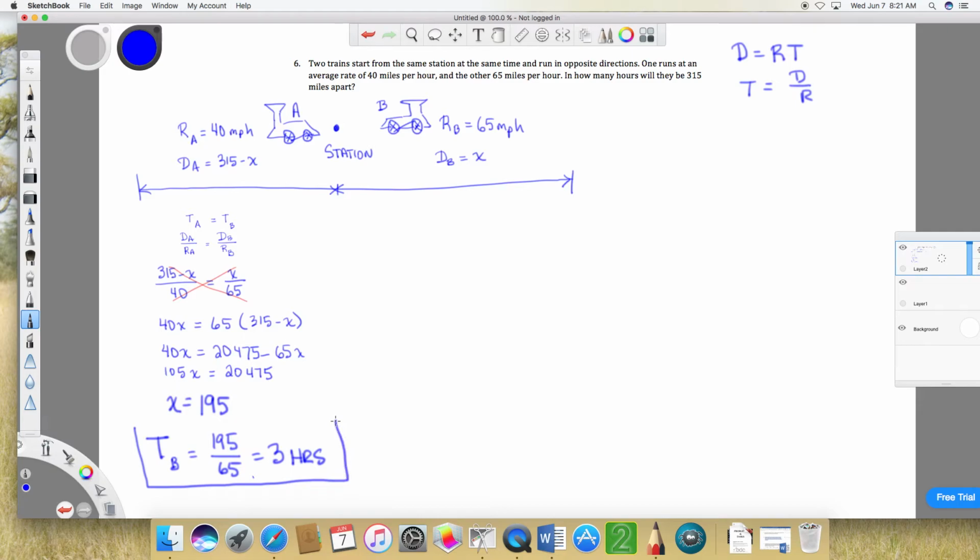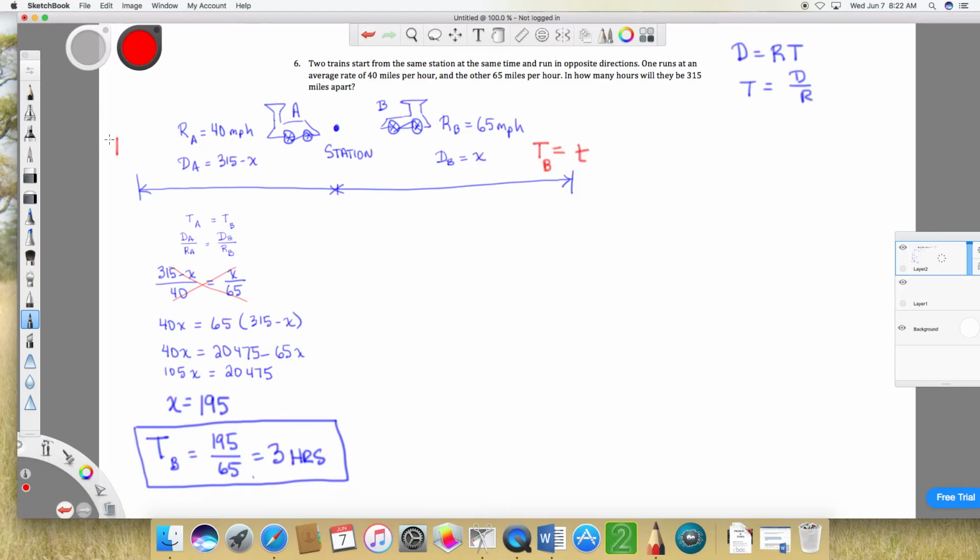Now, what if I had solved this in a different way? Let's think about this. So say that we came in and said that the time t for train B, let's just let it be t, it's unknown.